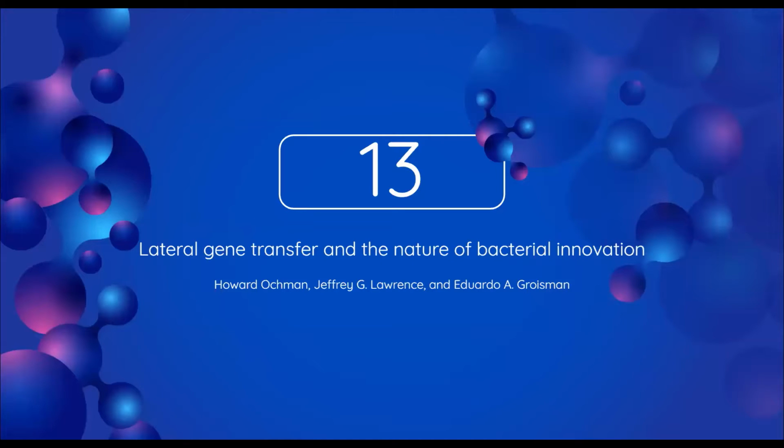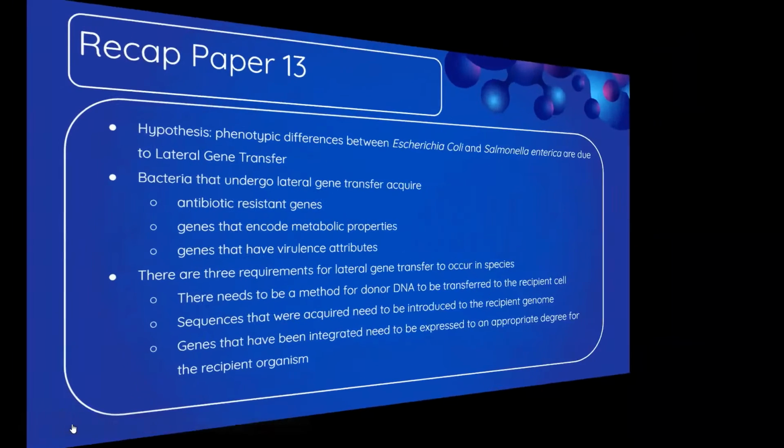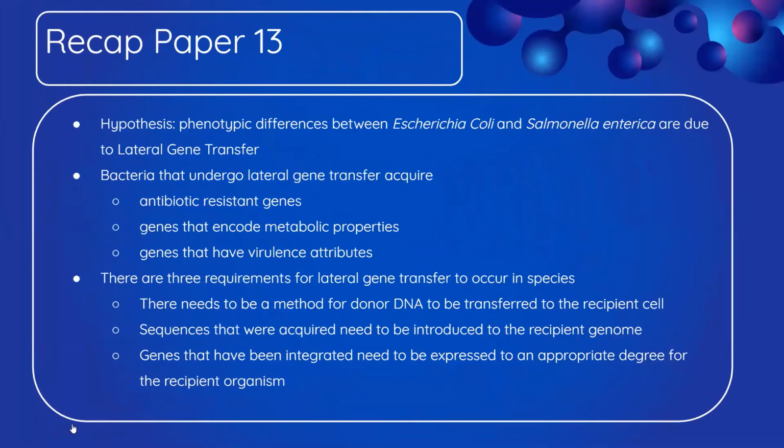Okay, so paper 13 was titled Lateral Gene Transfer and the Nature of Bacterial Innovation. Paper 13 had to do with the idea that differences between E. coli and Salmonella are a result of lateral gene transfer.